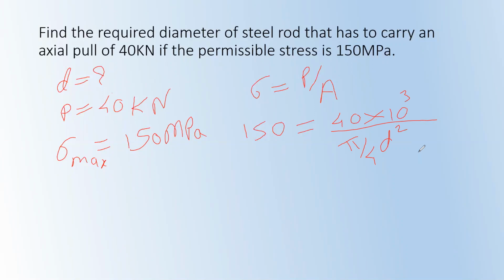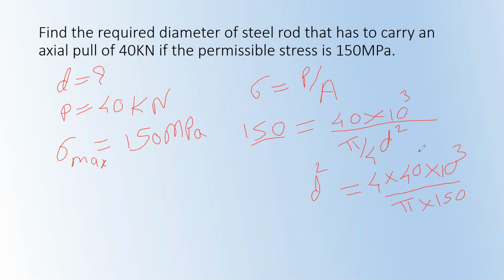I will transfer only d square to the opposite side. So d square is equal to 40 into 10 raised to 3 as it is, pi by 4, pi as it is, 4 comes to the numerator and 150 moves to the denominator.